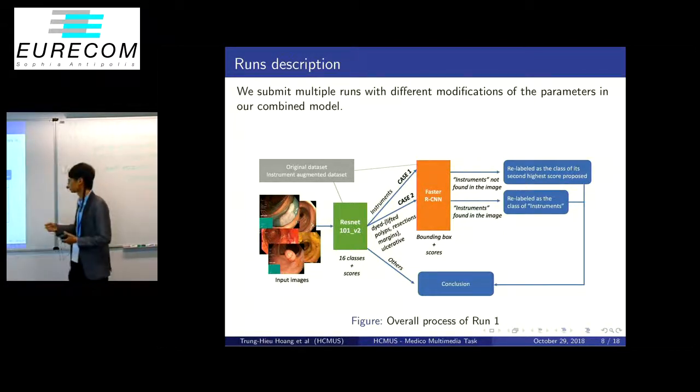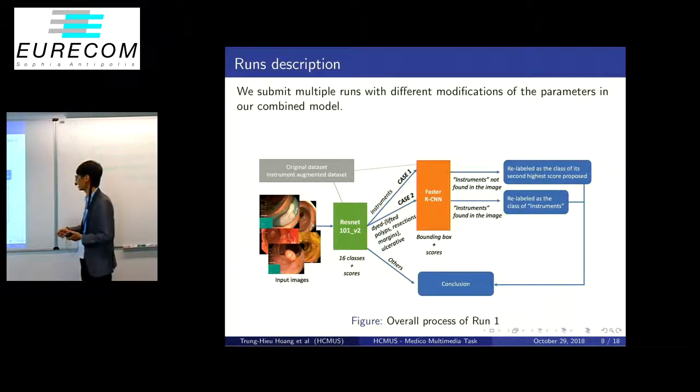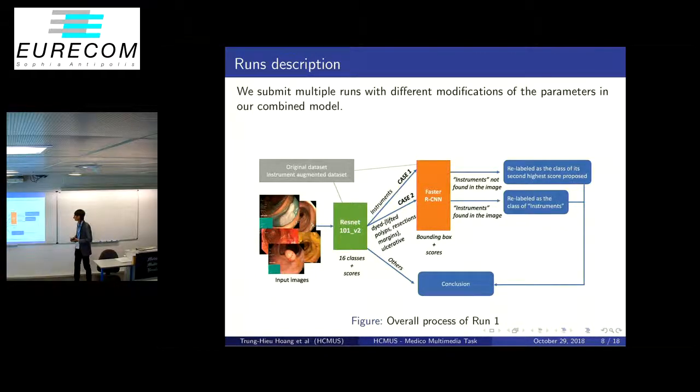If the instrument is found in the image, the image will be reclassified as the instrument, and if the instrument is not found in the image, then we relabel it as the class of the second highest score proposed by the ResNet.